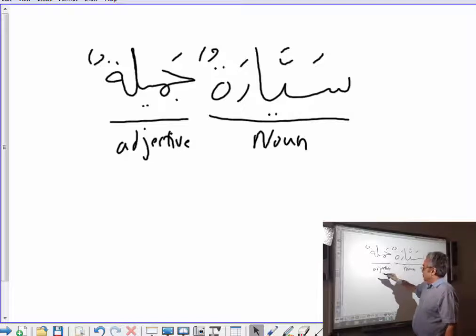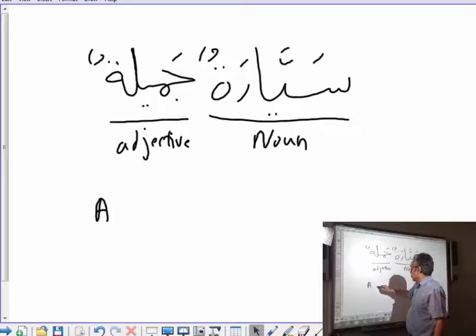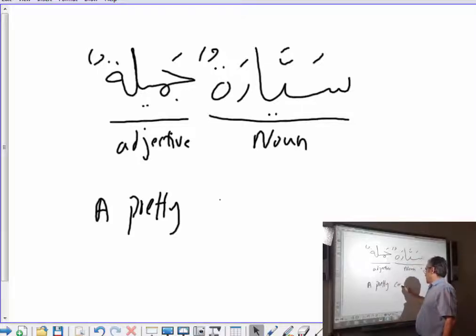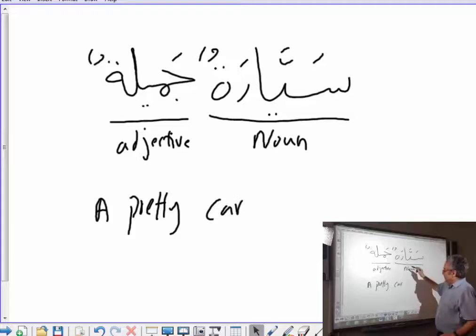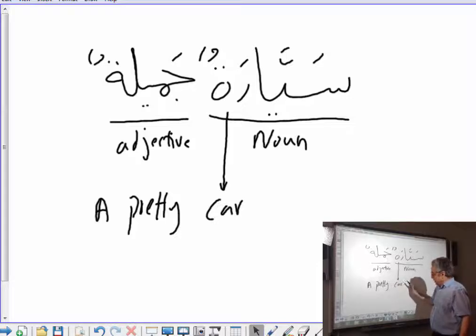In English, you have to say a beautiful or a pretty car. So in English the car comes second, after the adjective. You put the adjective first. But in Arabic, you put the noun, then you say what it is: سيارة جميلة.